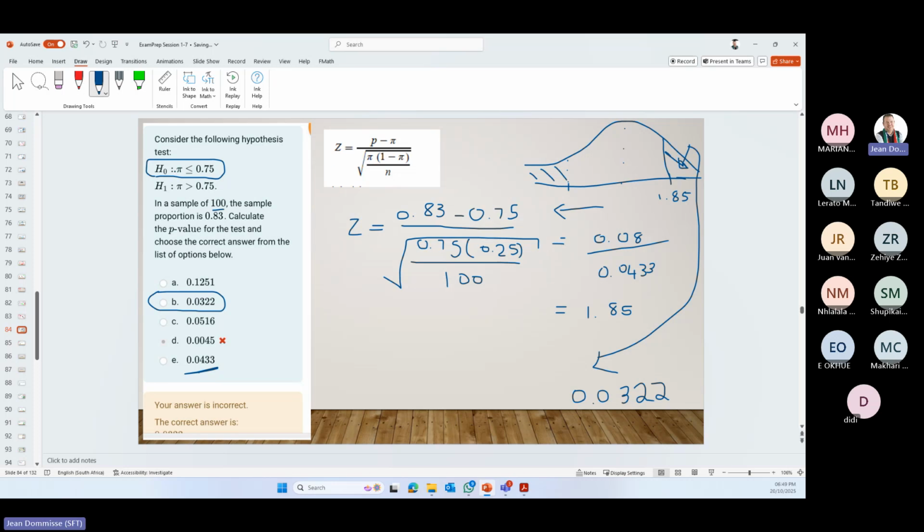Okay, I'm still worried that that should have been, if I look at that the other way around, but there is the option of 0.0322.